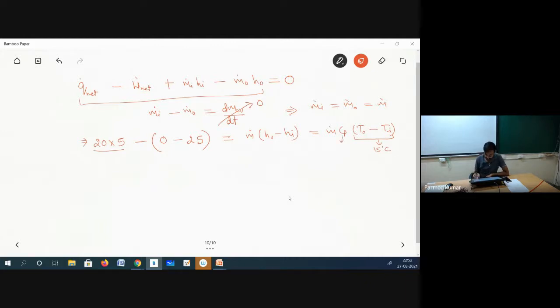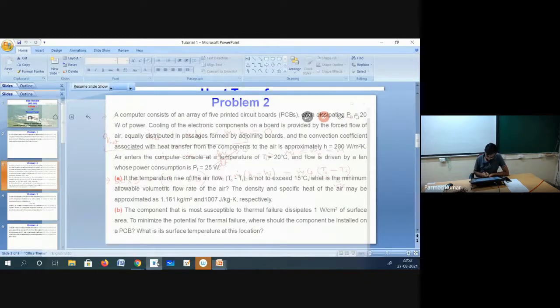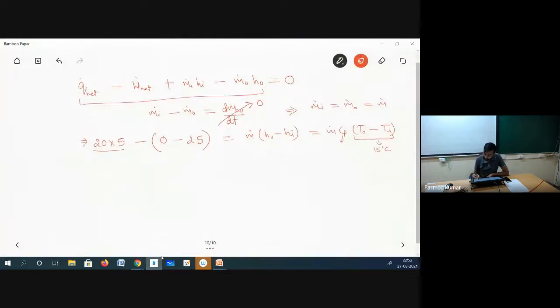Now cp is given in the question, 1007 joule per kg Kelvin. So if I substitute all the values, I will find mass flow rate m dot to be 8.28 into 10 to the power minus 3 kg per second. It is asked in the question to calculate the volumetric flow rate.